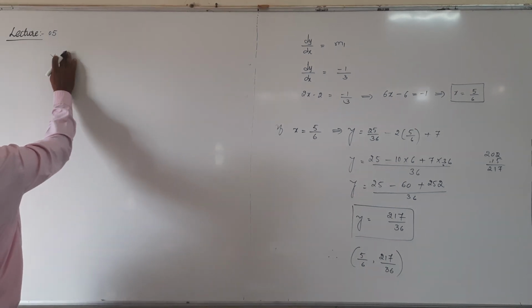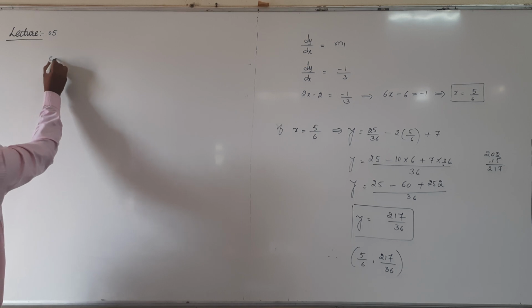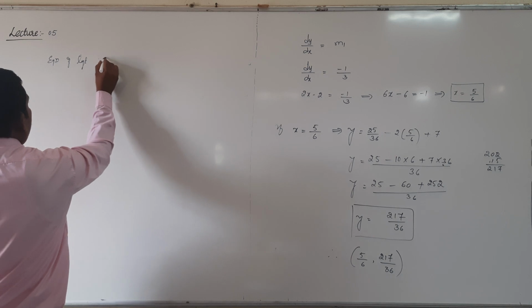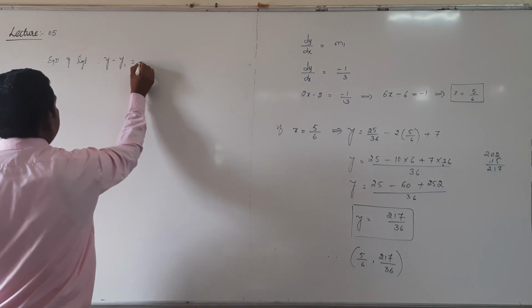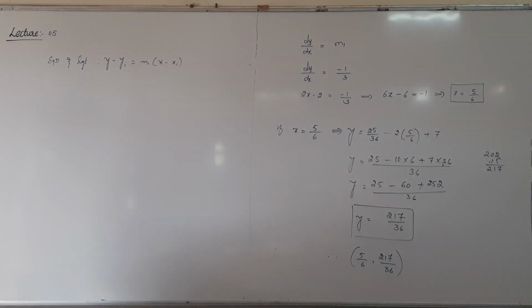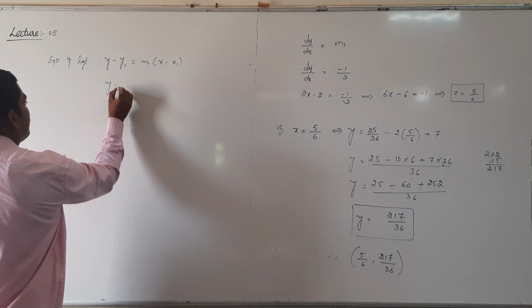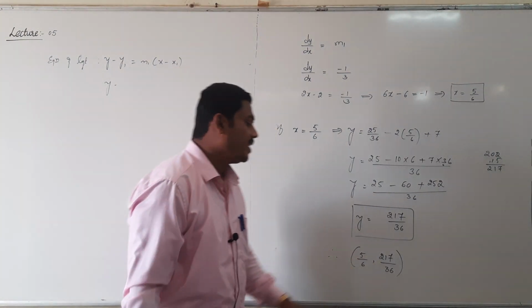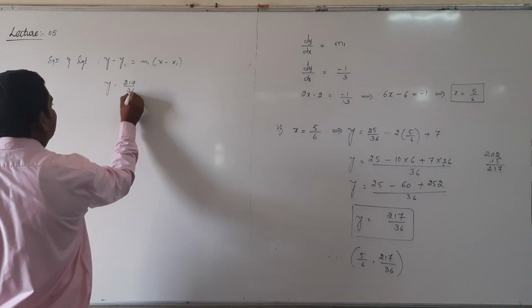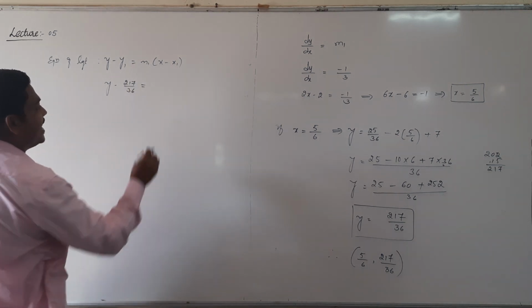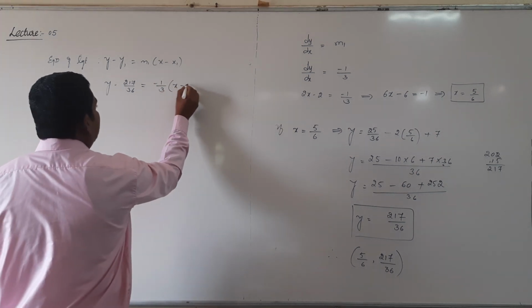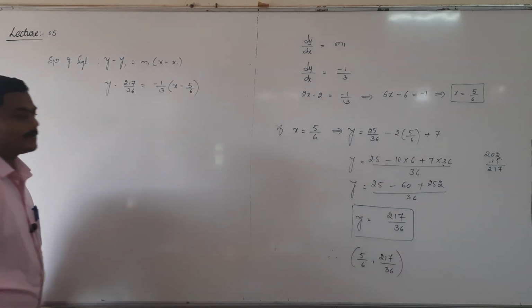The equation of the tangent line: y minus y1 is equal to m1 into x minus x1, right? Then y minus 217 divided by 36 equal to the m1 value, that is minus 1 by 3 into x minus 5 by 6.